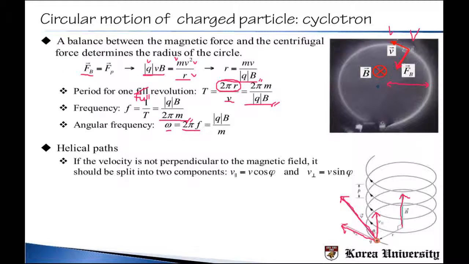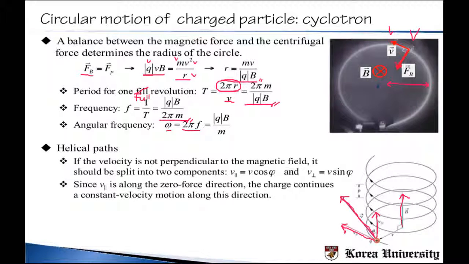First, in the case of the velocity component parallel to the magnetic field, we learned that the cross product becomes zero. So there will be no force acting on the velocity component parallel to the magnetic field, and nothing changes along this vector. This means the particle will perform constant velocity motion along it.